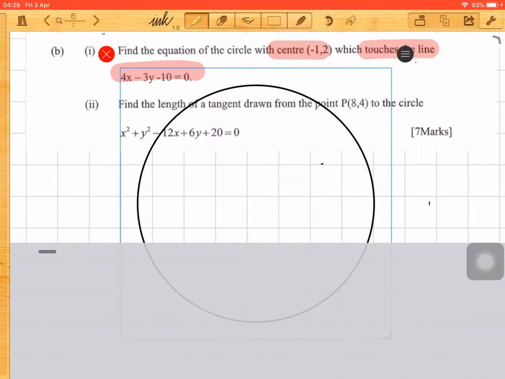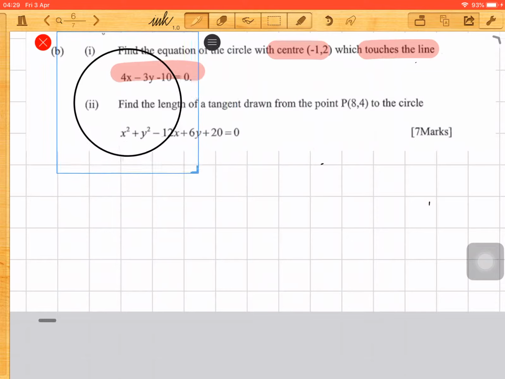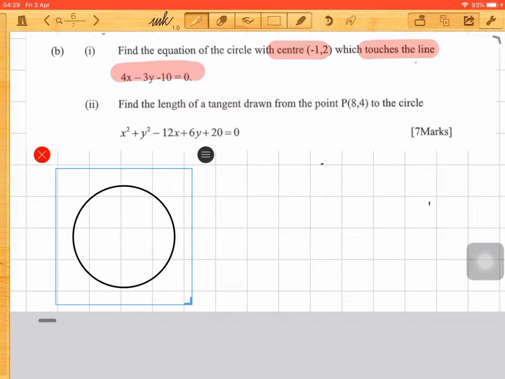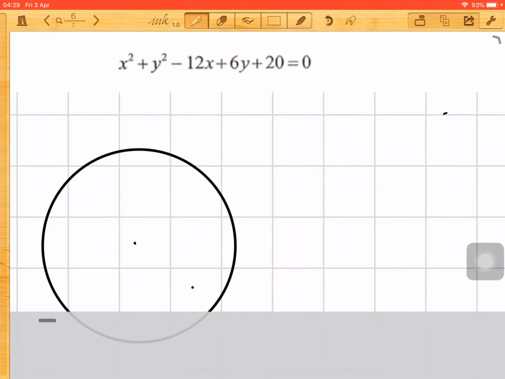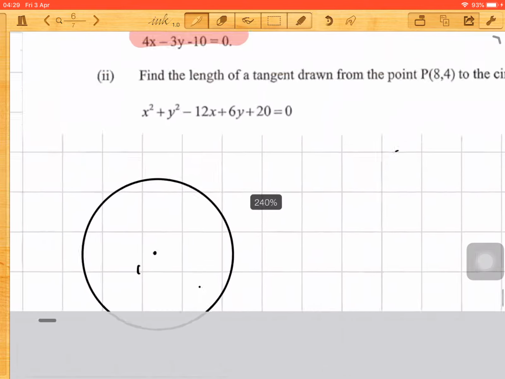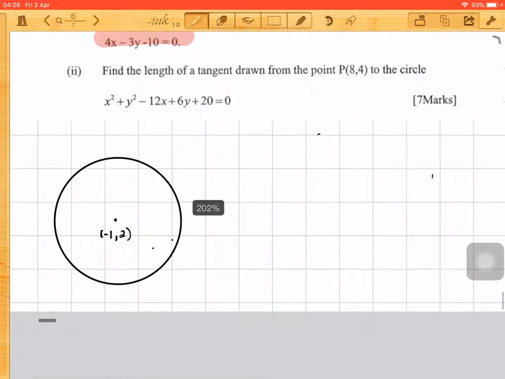So let's draw this. There is a circle. To find the equation of a circle, we need a center and radius. Let's say center is here. The center we know already, it is -1, 2. So now we just have to know the radius.